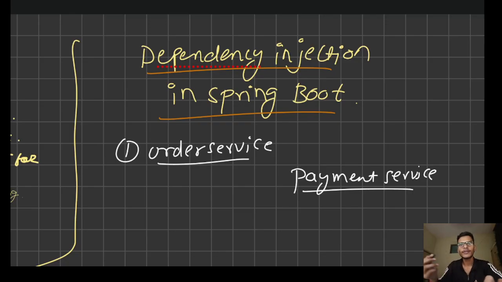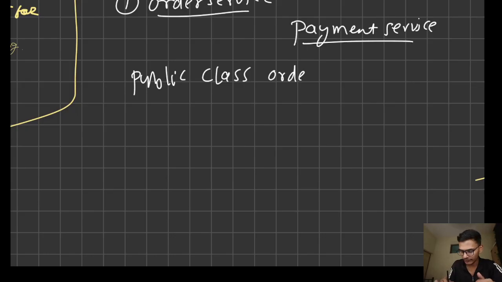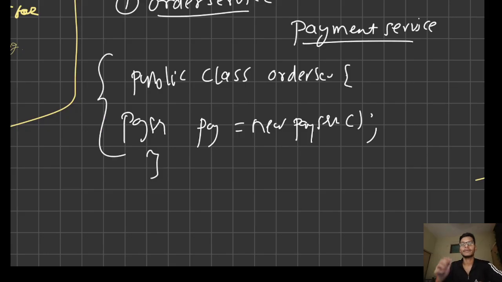Normally, what you will do is create a class. You will create a public class OrderService, and a PaymentService payment equal to new PaymentService. Like this, you create the object for the payment service.